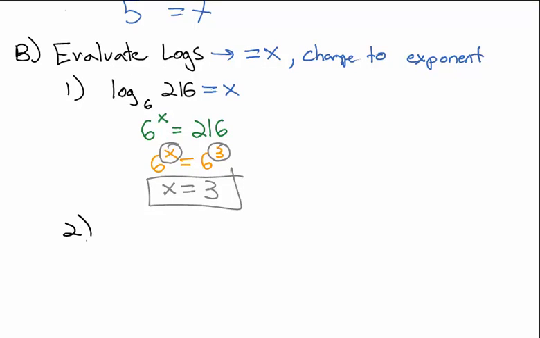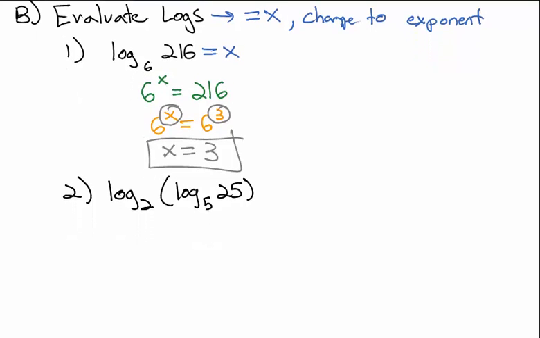We can even take a look at what is log base 2 of log base 5 of 25. Well, first starting inside parentheses, because that's what order of operations tells us to do, log base 5 of 25 we make that equal to x. And when we change this to an exponent, we have 5 to the x equals 25.